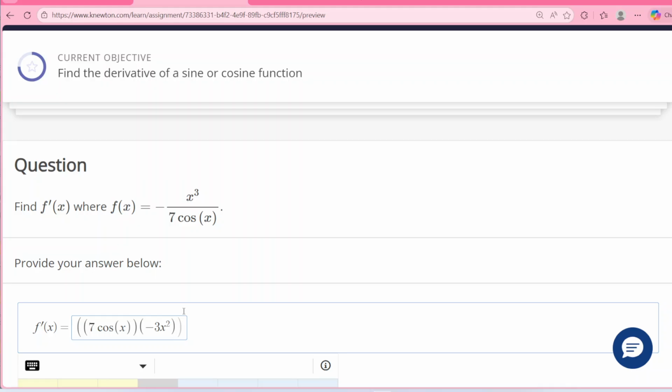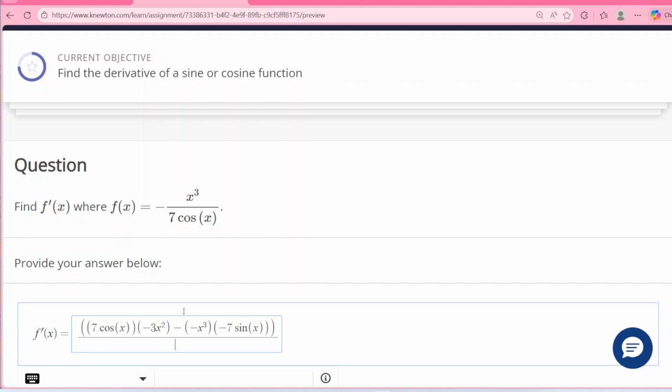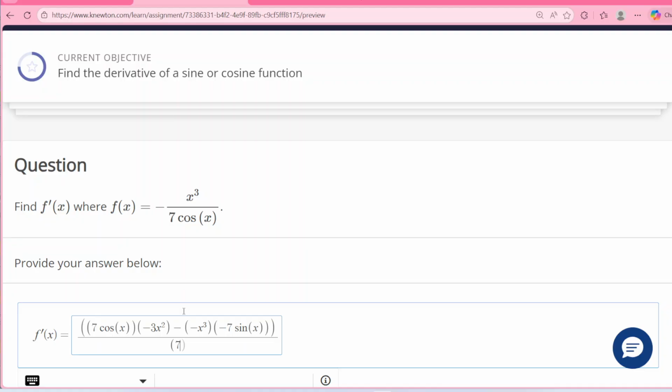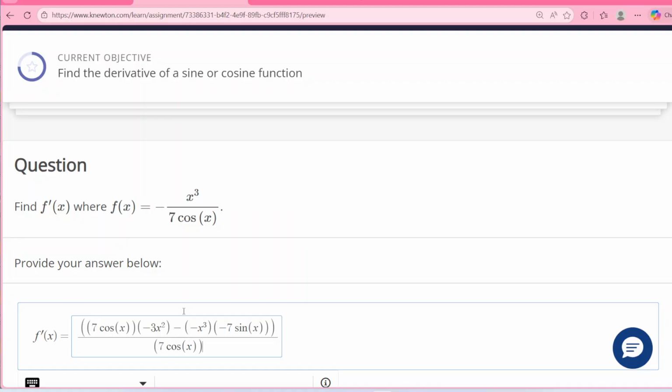Then minus the numerator, negative x cubed, times the derivative of the denominator, which is negative 7 sine of x. That's all the numerator of the derivative, divided by the denominator, set in parentheses, 7 cosine of x, squared.